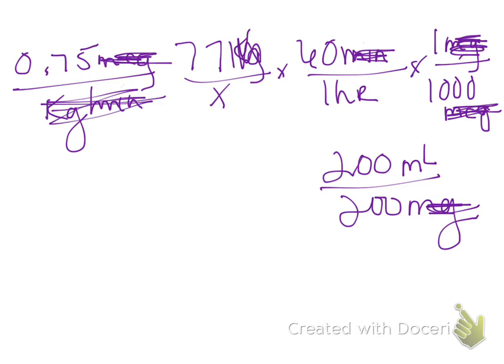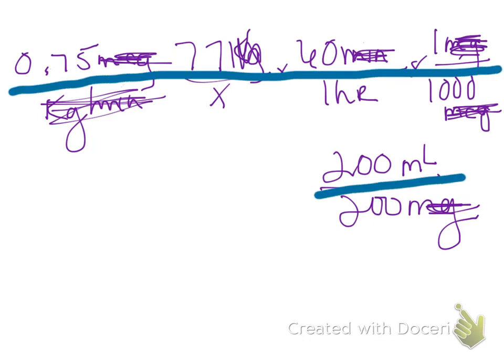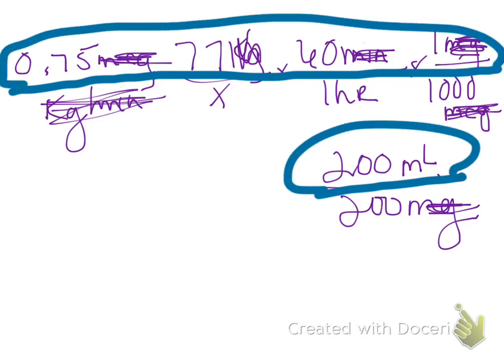And so I'm left with, again, mL over hour, mL per hour, which is what I want. So you're going to multiply your numerator together. So let me do that. 0.75 times 77 times 60 times 200.